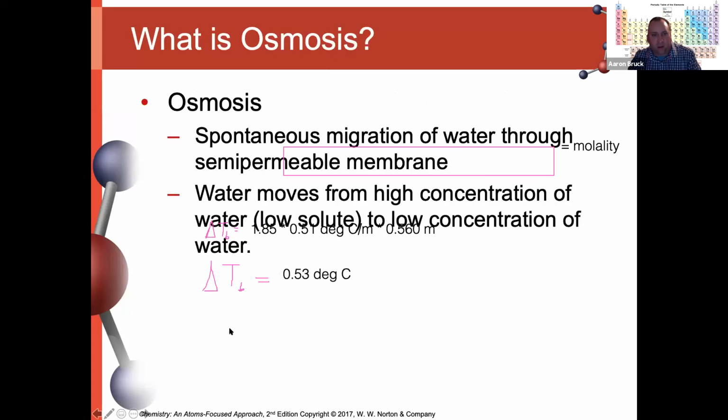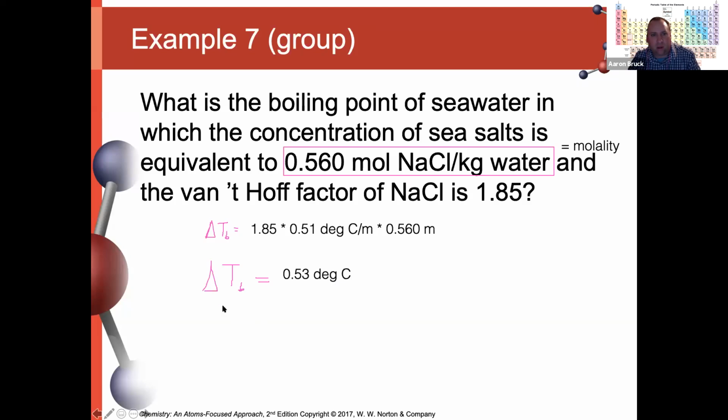Now, to get the boiling point, I would have to add this to the normal boiling point of water. Normal boiling point of water is 100 degrees C. And so we would expect this solution of seawater to boil at 100.53 degrees.